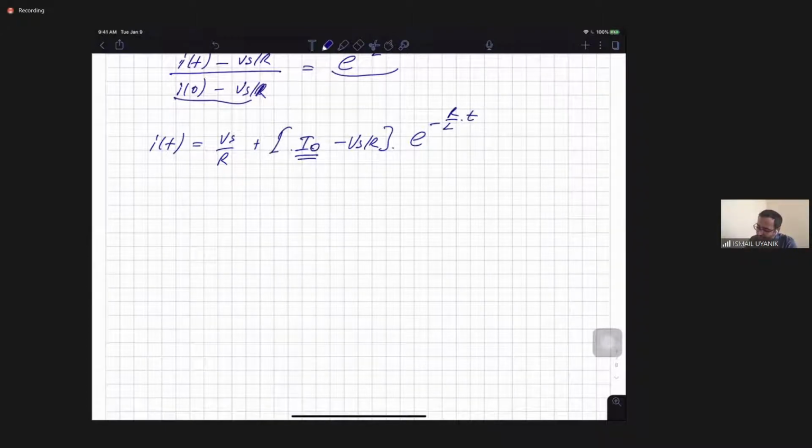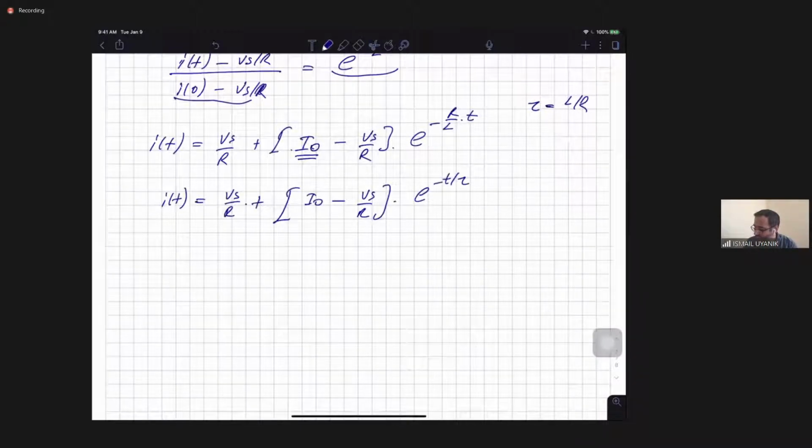And then we have this Vs over R. I will just write it this way so that it looks simpler. But of course, I can say tau is equal to L over R, and I can replace this equation with Vs over R plus I0 minus Vs over R times e to the minus t over tau amperes after t is equal to 0. This is the simplest case we can go with.